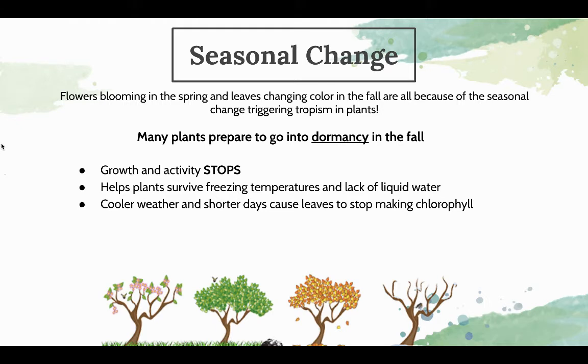And these plants lose their chlorophyll because they feel colder weather and shorter days coming. So they decide to stop making chlorophyll to save their energy. Growth and activity stops, and this helps plants survive freezing temperatures and lack of liquid water.